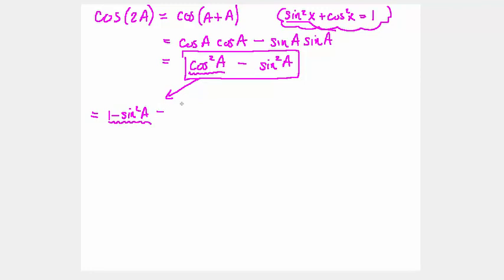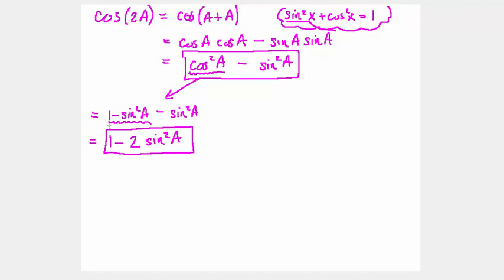But then if I continue by subtracting this second sine squared of a as we have up here, and then combine like terms, I get another form of this identity, which would be 1 minus 2 sine squared of a. So this turns out to be another form of our cosine double angle identity that's sometimes very useful.